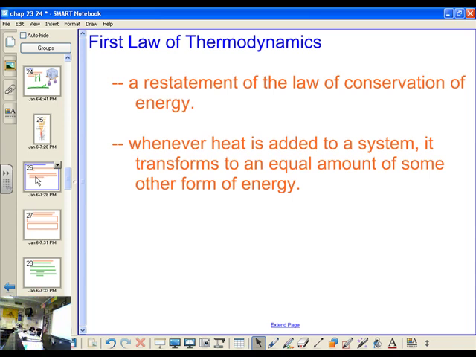First law of thermodynamics is just a restatement of the law of conservation of energy. And it states whenever heat is added to a system, it transfers to an equal amount of some other form of energy. Generally, we're talking about work.